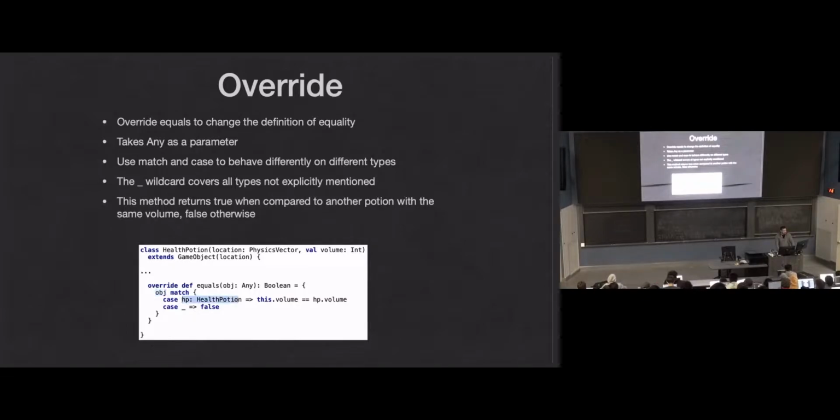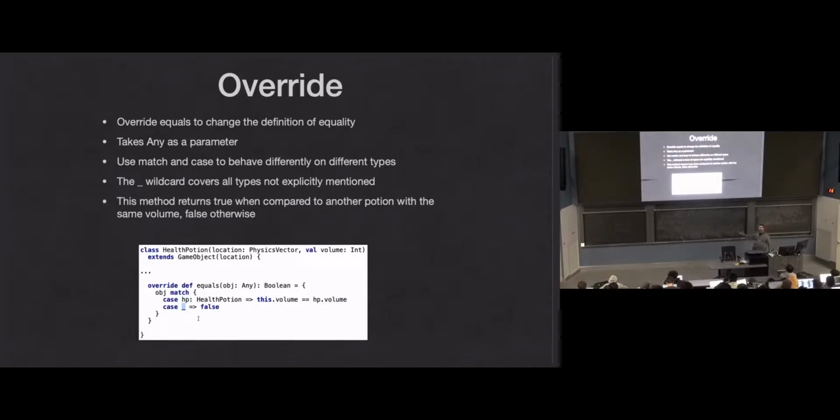So I'm going to say if this happens to be a health potion, if the type of object is health potion, then compare them by volume. So if two health potions have the same volume, I'm going to consider them to be equal to each other. If what I'm matching is not a health potion, I'm going to use Scala's wildcard, which we've seen a few times.